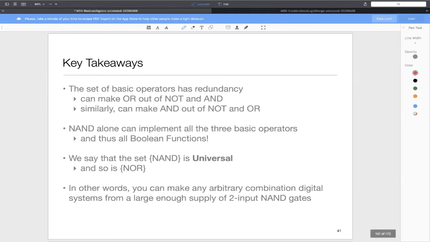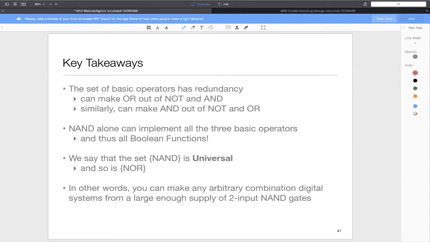So key takeaways: the set of basic operators has redundancy. One can make OR out of NOT and AND. Similarly, we can make AND and so on, and XOR, obviously, we could. So NAND alone can implement all the basic operations, and thus it can make all Boolean functions. Same thing is true for NOR. I cannot do this with OR alone or AND alone, because you cannot make a NOT out of AND, and you cannot make a NOT out of OR.